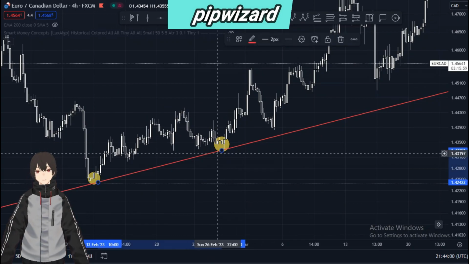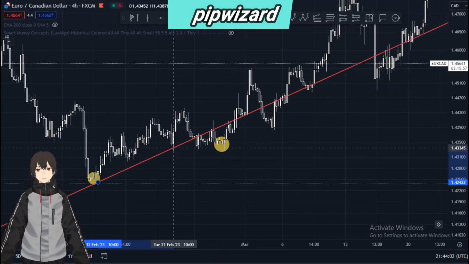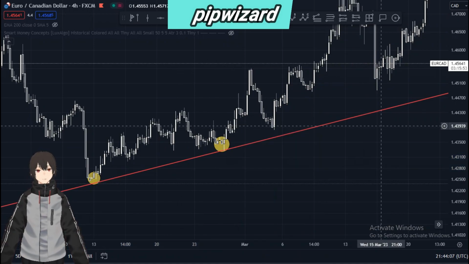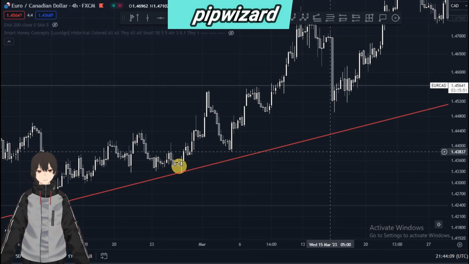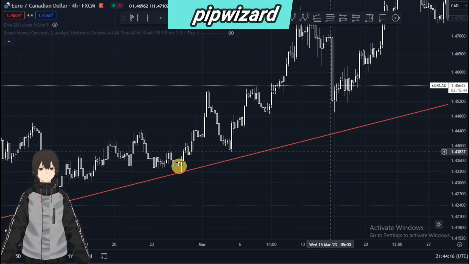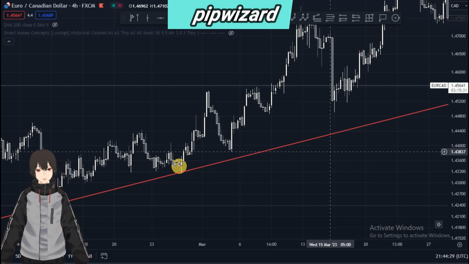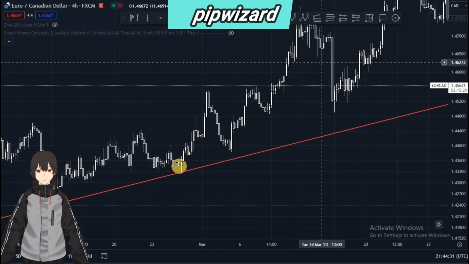If you want to draw a trend line, you should have two important points. When we see an important place, we draw the trend line. When the price touches our line, we can open a position like that. We have an uptrend and our line goes up.